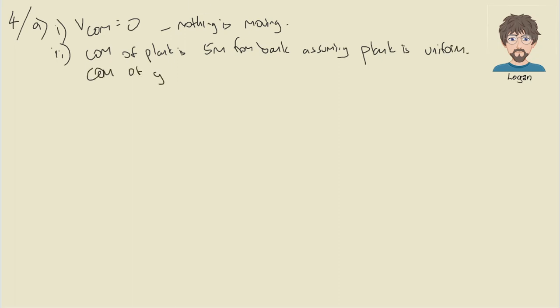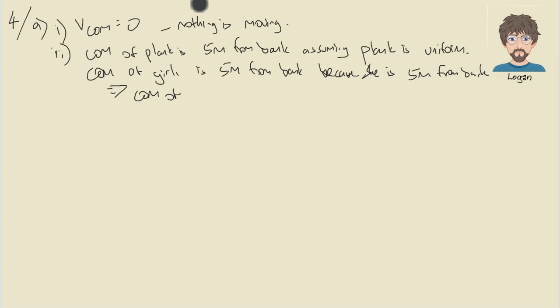Of girl is 5 meters from bank, because she is 5 meters from bank. The centre of mass of plank and girl is 5 meters from the bank. Seems excessive, doesn't it, to write all that? I'm just writing that so you can hear it.